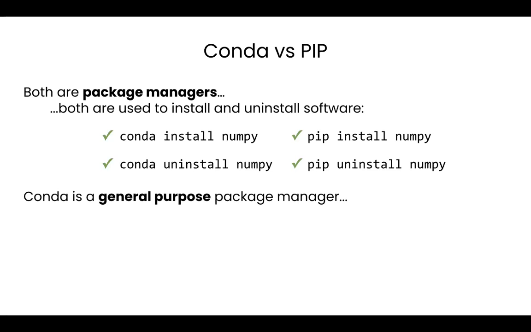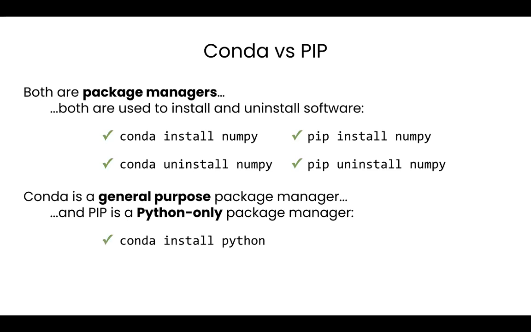Conda is also a general purpose package manager, and pip is a Python-only package manager. What that means is that you can use Conda to install Python itself, but you can't use pip to install Python because pip actually needs Python to operate.